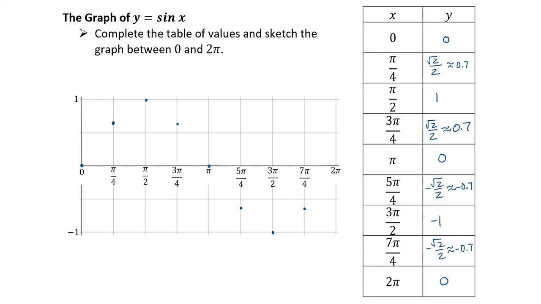And 2 pi, 0. If we smoothly connect these points, we can see we have a nice curve, and this will just continue to repeat over here, continue to repeat over here. But between 0 and 2 pi, we see that full period of the graph.